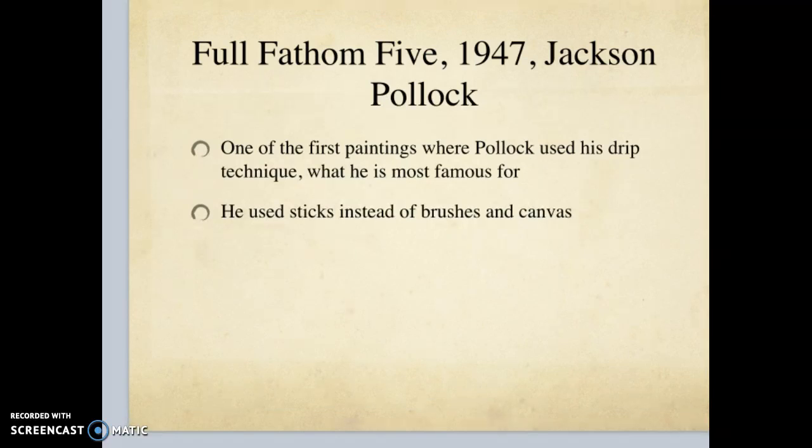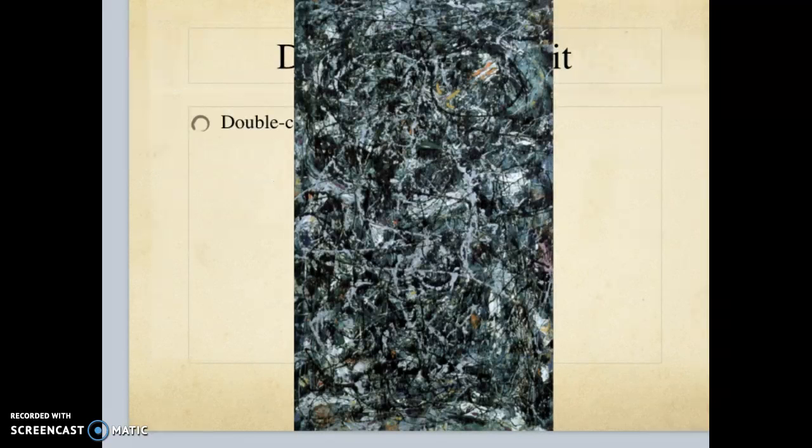Full Fathom Five by Jackson Pollock. This is one of the first paintings in which Pollock used his drip technique. Full Fathom Five actually refers to a line of Shakespeare, where Shakespeare's talking about King Triton.